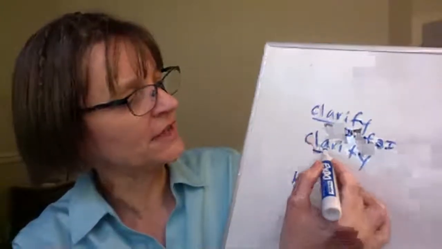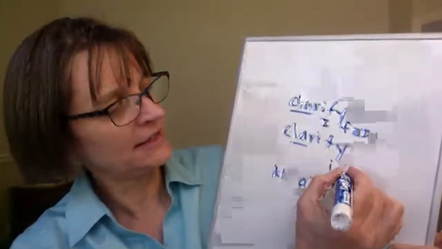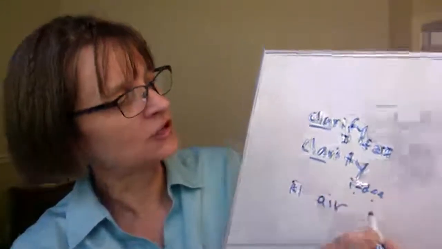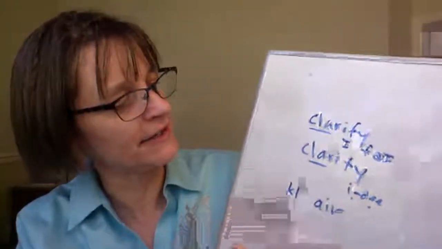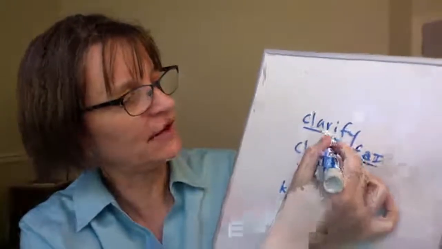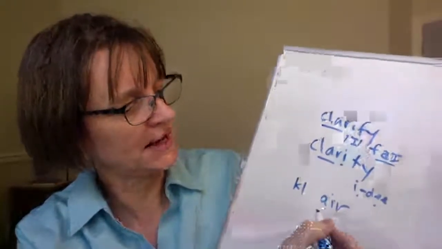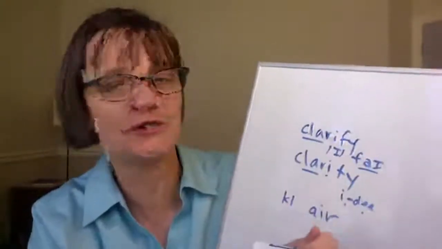Clarify versus clarity. I just have a little itty at the end that's tacked on in clarity. The main difference there is I have the same vowel in both of those, the same syllable stress, and just what happens between the last groups of sounds differs.